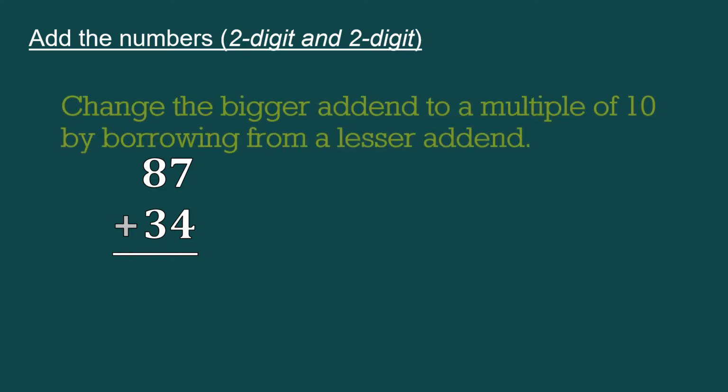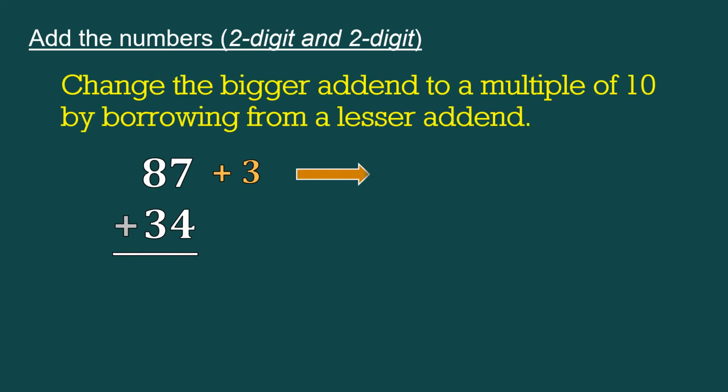Let's have another example of finding the sum of 2-digit addends. We have 87 plus 34. We need to add 3 to 87 to make it a multiple of 10. 87 becomes 90.